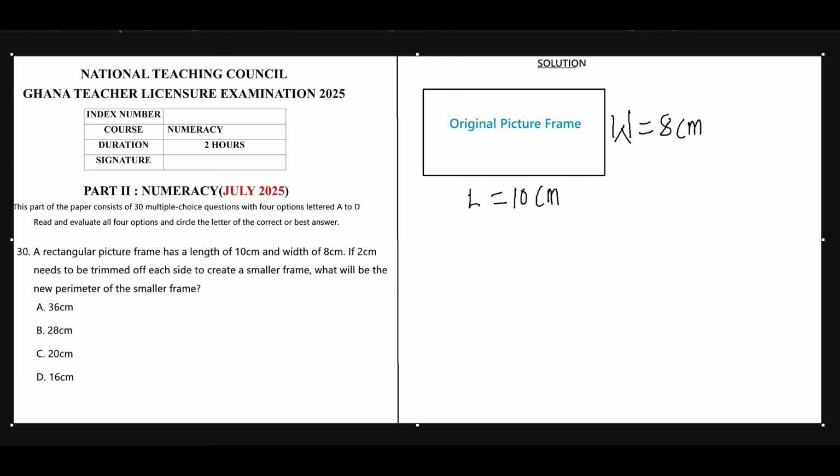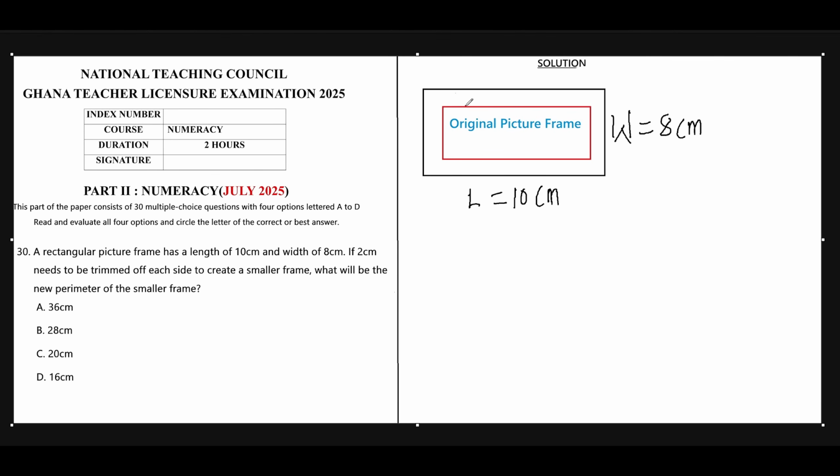So how do we do that? It is going to be done in this way. Two centimeters from each side.